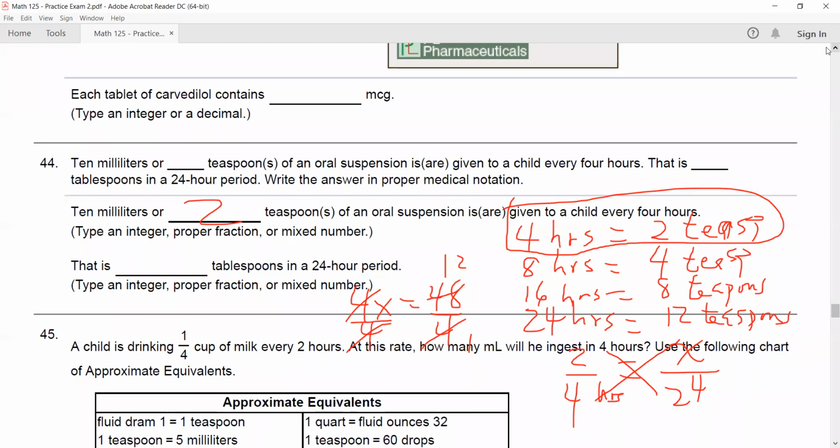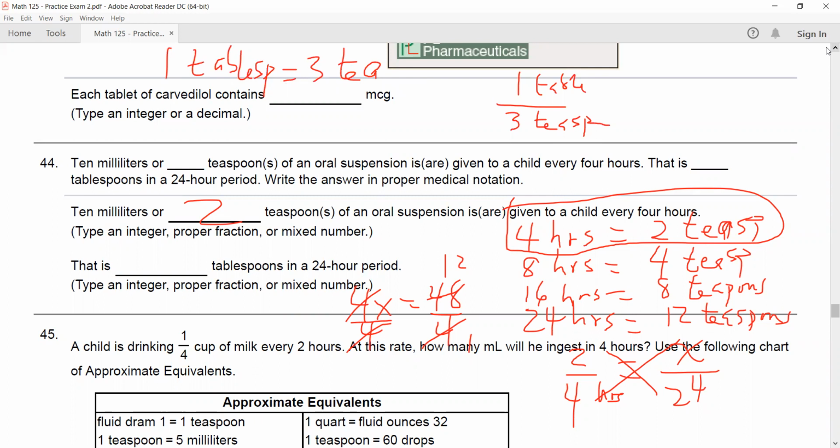So if that is true, then 1 tablespoon, 3 teaspoons. Let me write that here. 1 tablespoon equals 3 T. I'm just going to do T.